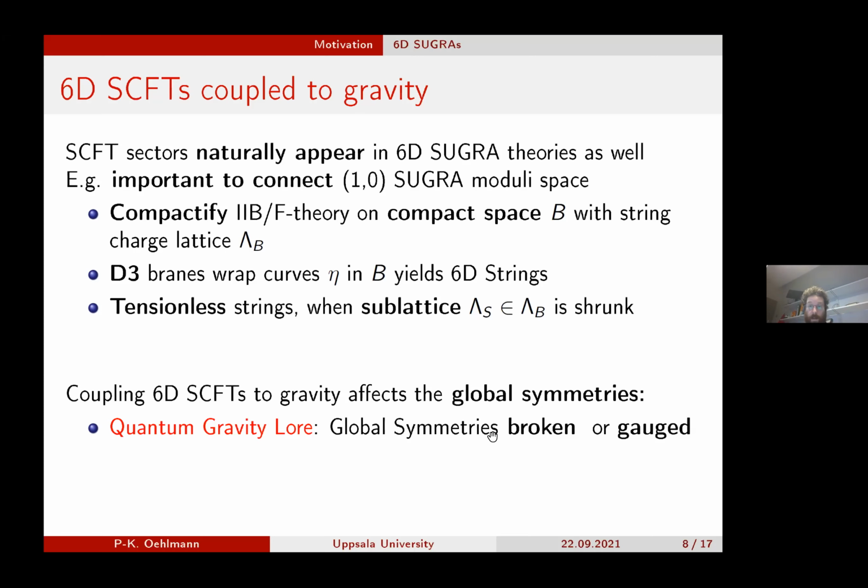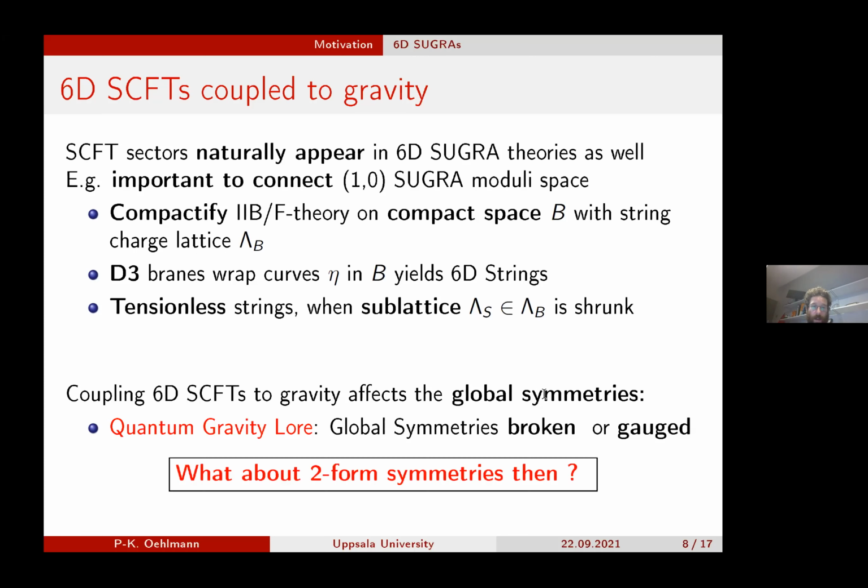The global symmetry is either broken or gauged. So that's our expectation. And of course, what we want to focus on now are these two-form symmetries. So what about those guys? When are they broken and when are they gauged?